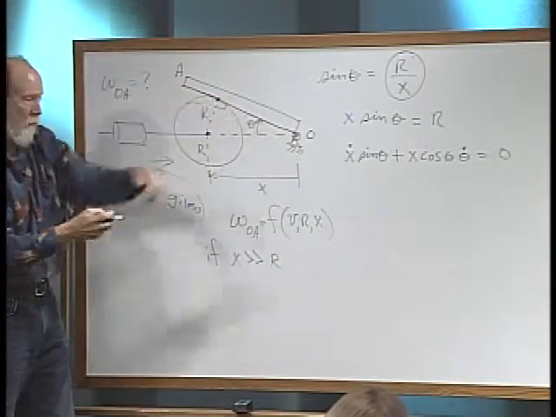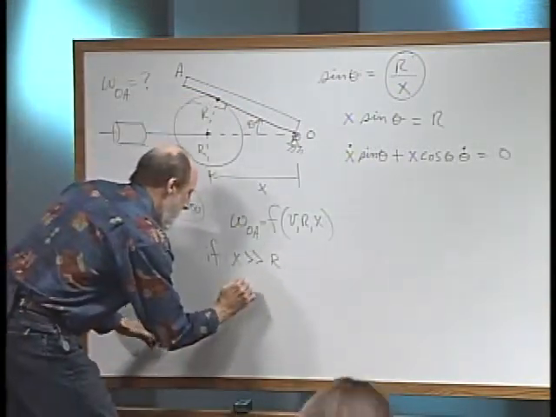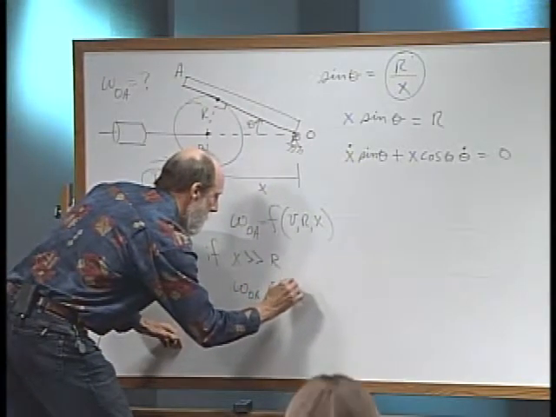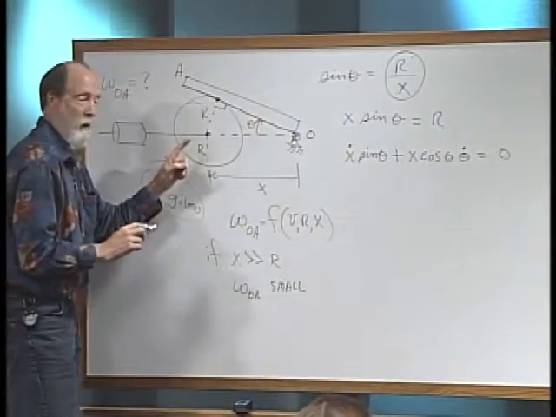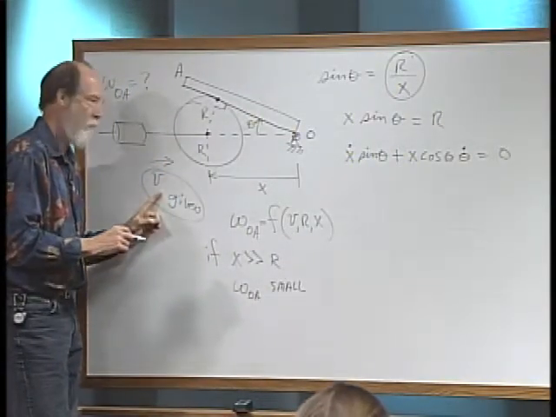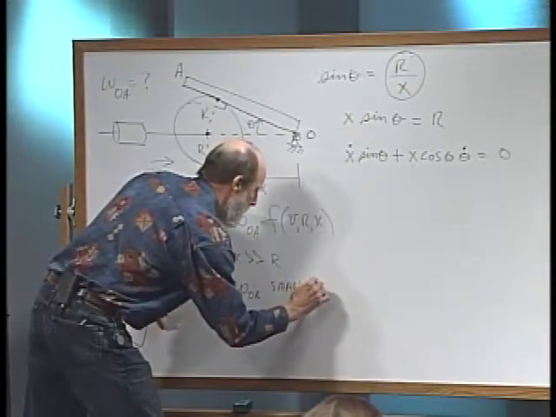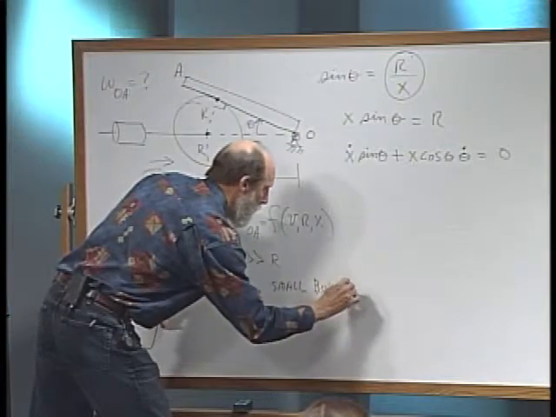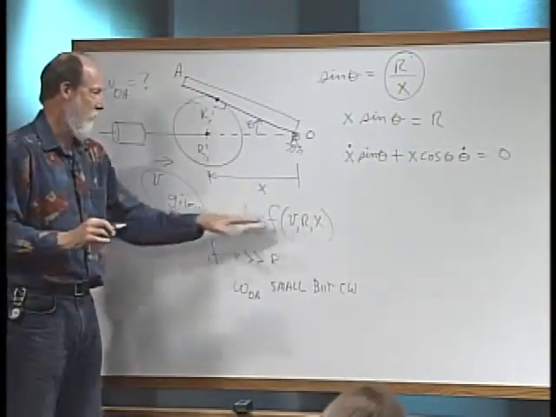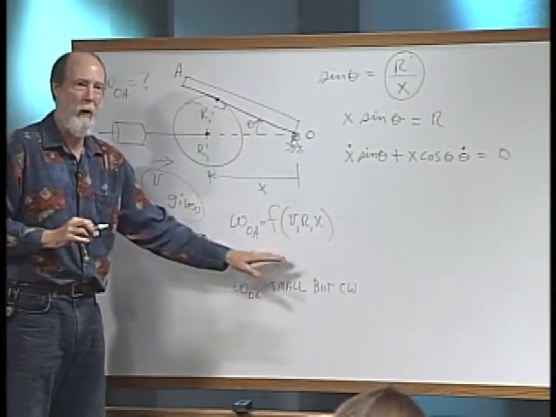So we would expect a small omega OA if x is great. But clockwise or counterclockwise, given the direction of the velocity? Clockwise, okay. These are the kind of little things you probably want to ponder as you're starting to set up your investigation.